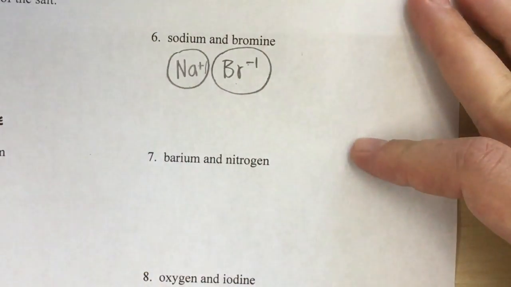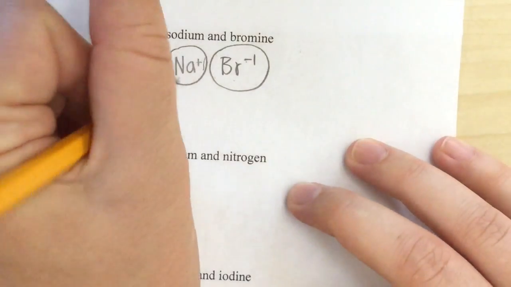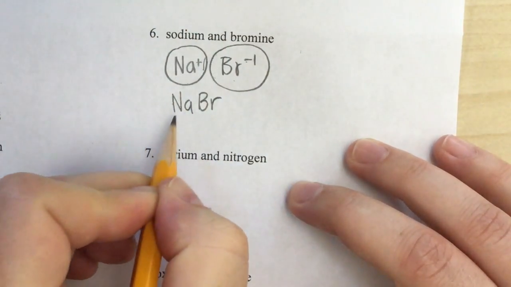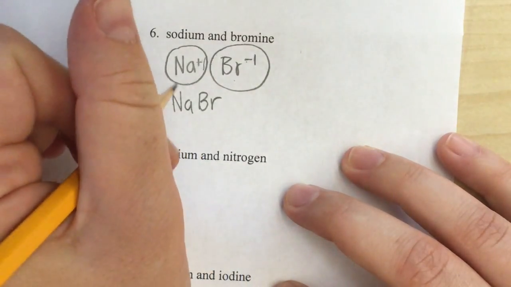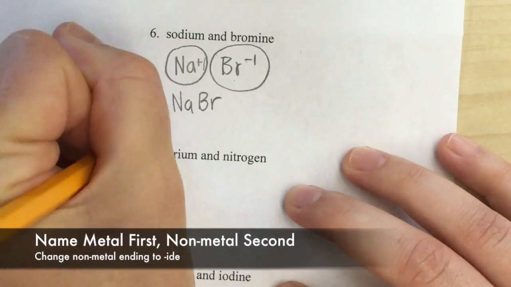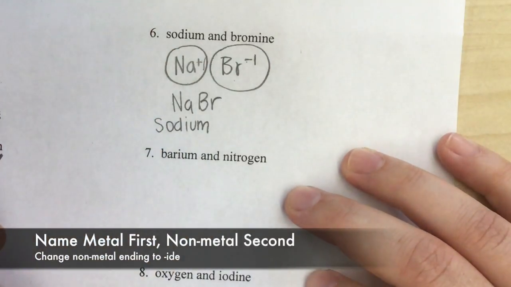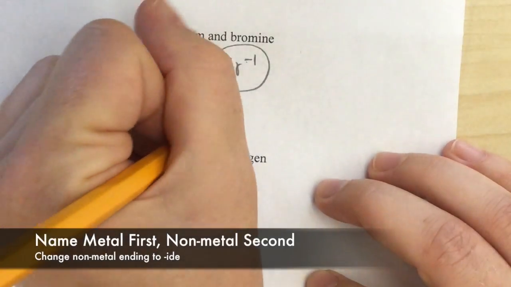So this compound is complete, and its formula then is NaBr, since we have one sodium and one bromine. And if we name it, we always name the metal first, so sodium. And then we name the non-metal, and we change the ending to "ide", so bromide.